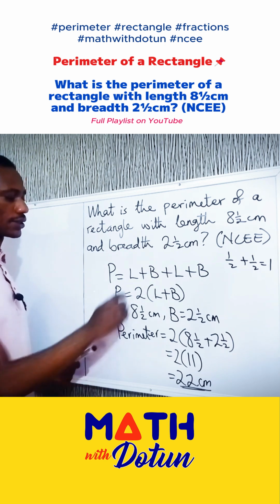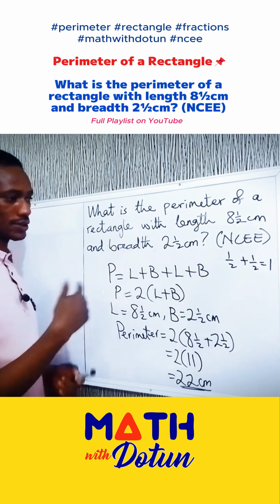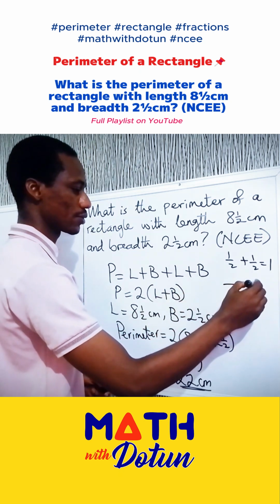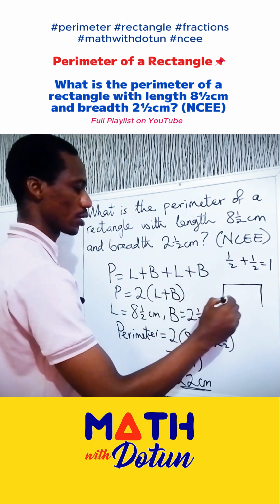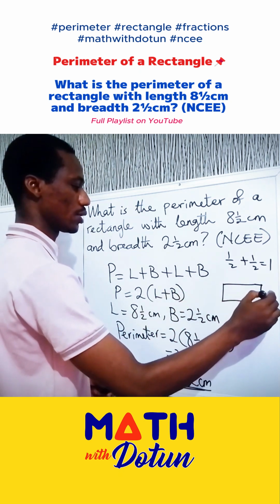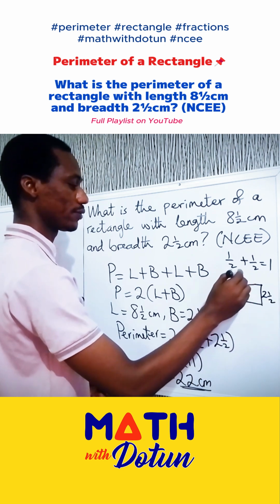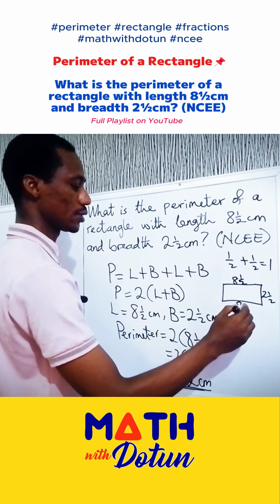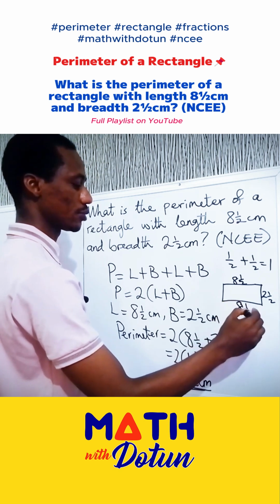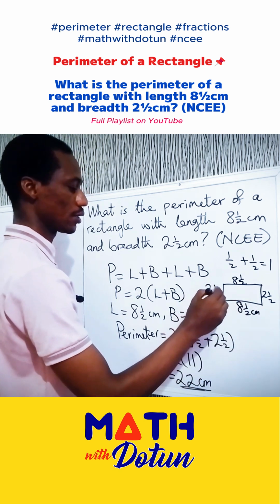Like I said, you could also just add all the lengths together. So you have a rectangle. We say this is 2.5 centimeters, this is 8.5 centimeters, this is 8.5 centimeters, and this is 2.5 centimeters.